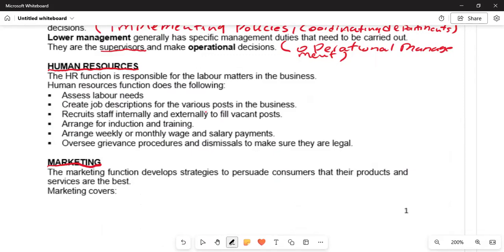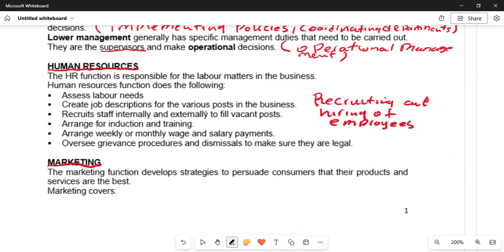So when you talk of this function, we are talking about recruiting and hiring of employees. That is the function or the role that is played by this department. They are recruiting and hiring the employees.